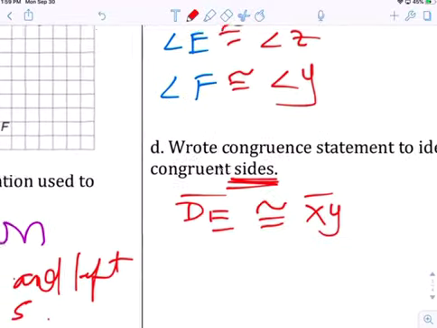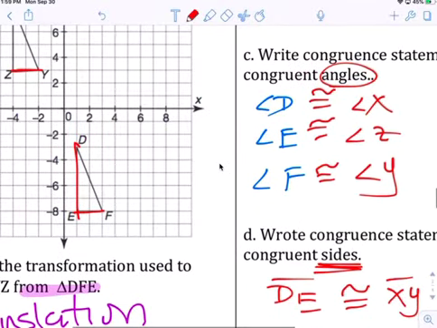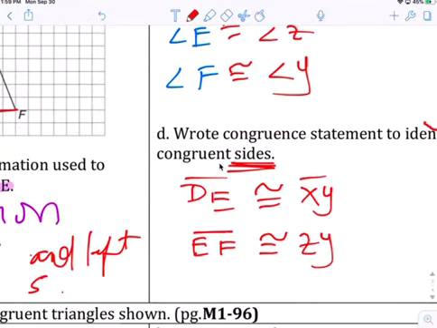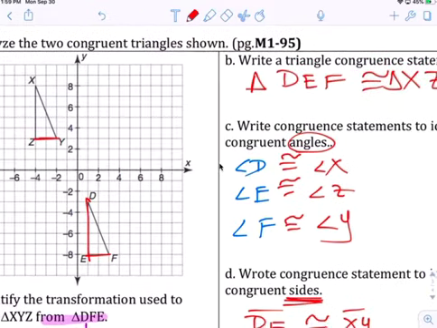And the next one is E to F. E to F side is congruent to Z to Y. And the last one, D to F, is congruent to Y to Z.